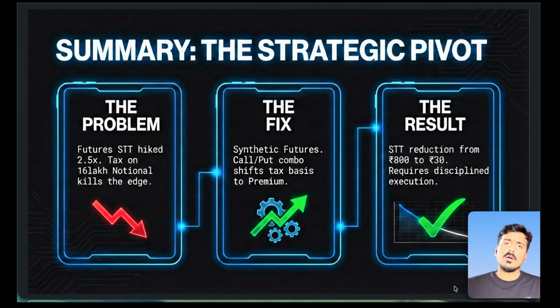And we also understood the consequences of doing this synthetic future and the steps that we have to take in order to avoid risk. So this was all about this video. If by any chance you are a futures trader paying 800 rupees, 900 rupees per lot, I hope this video helps and you can save some charges and taxes.